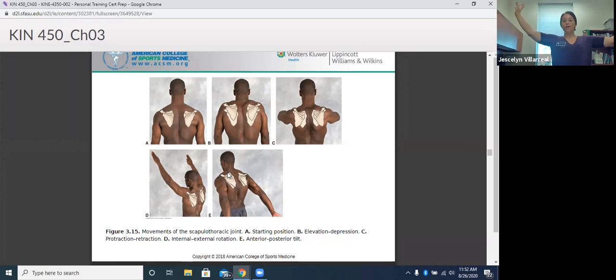If I tighten the light bulb, I'm going to externally rotate, pulling the shoulder down and back. With a barbell overhead, I need to tighten the light bulb to pull the shoulders down and back, getting my shoulders into external rotation. Then anterior and posterior tilt, tilting forward and back. Go ahead and practice those.